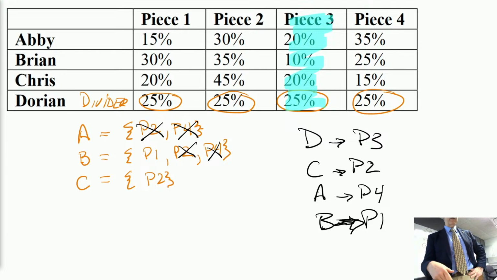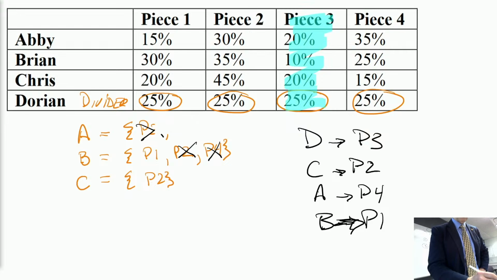You also might run into trouble if you have 2 people who are just as picky as one another. For example, let's just suppose, so this isn't the case, but let's suppose that person A and person C felt the same way about piece 2.